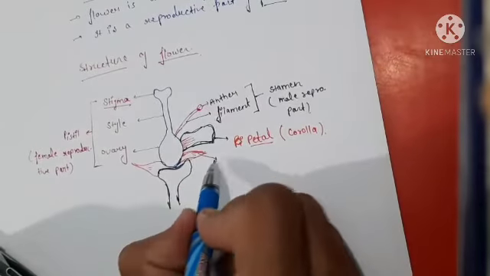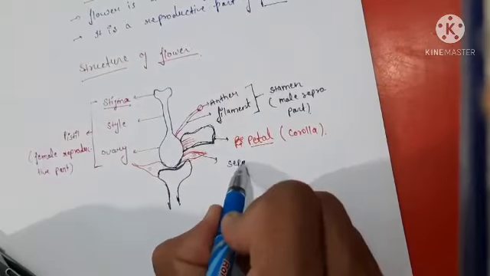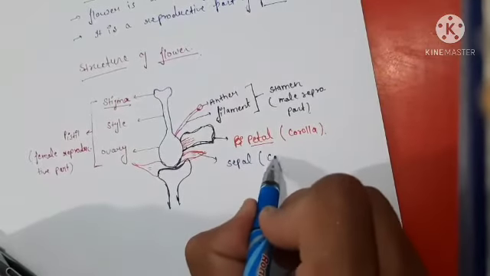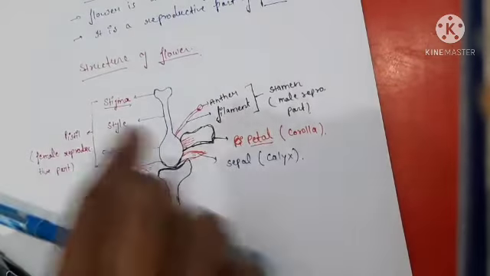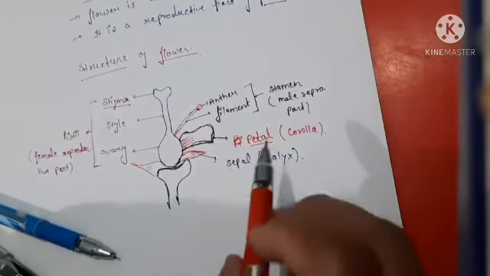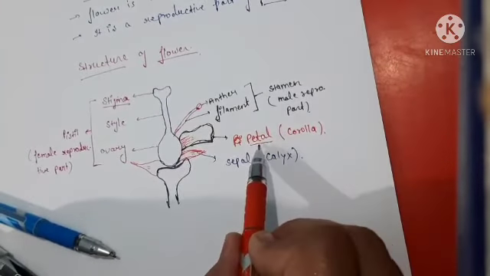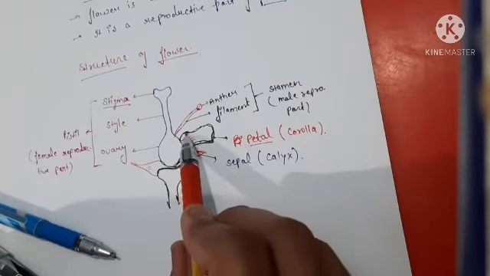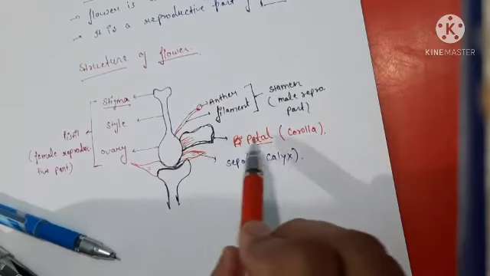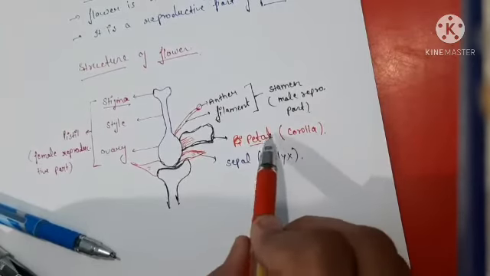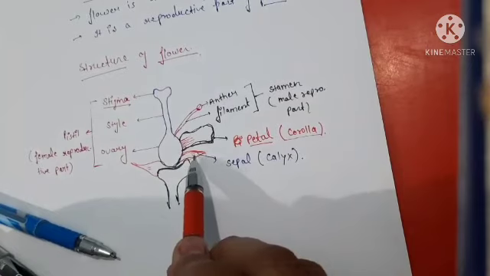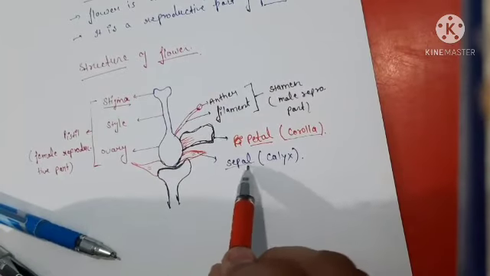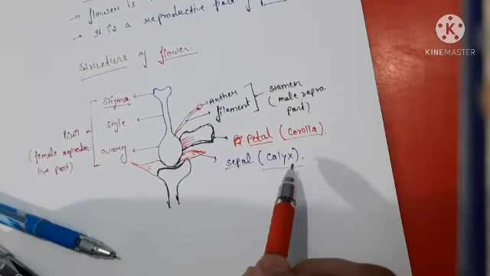This one is called sepal, and the group of sepals is called calyx.